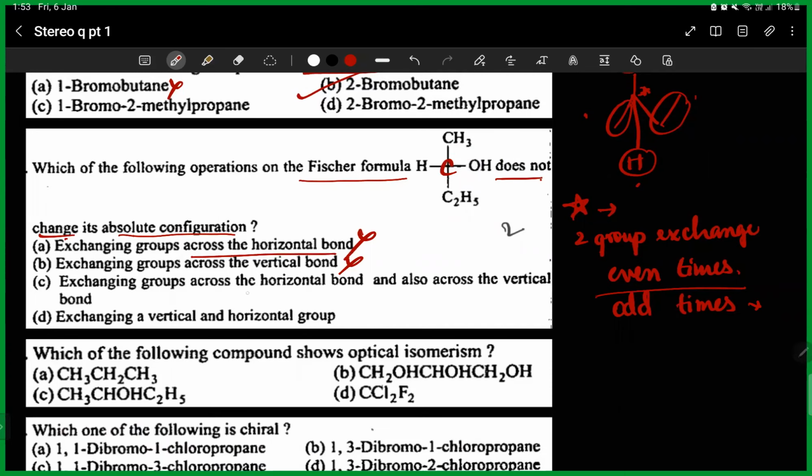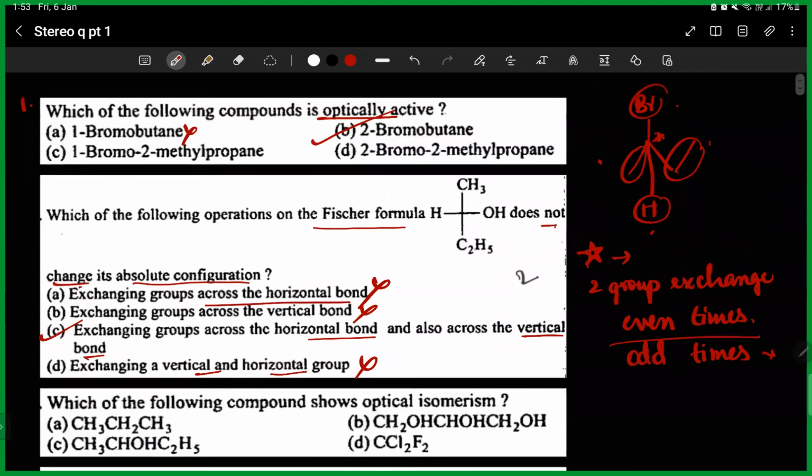Exchanging groups across the horizontal bond and also the vertical bond means you are changing these two, one exchange, and these two, another exchange. So when you are doing two group exchange two times, because of internal compensation, the absolute configuration remains the same. So C will be your correct answer. And exchanging a vertical group and a horizontal group is also a two group exchange one time, so it would change the configuration. So the correct answer will be C.